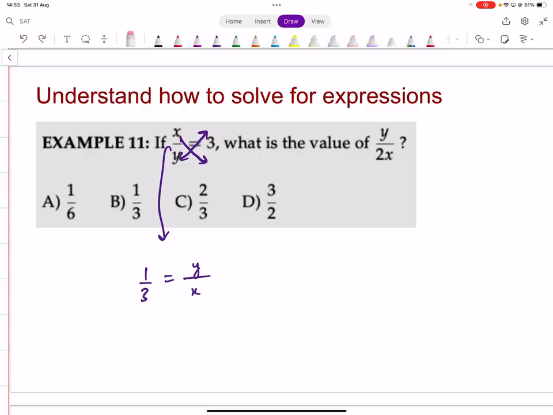Now we want to make it y over 2x. So in order to get 2 in the denominator, I can divide by 2 on both sides, right? So I can multiply the denominator by 2 essentially. So I get 2 here and 2 here, and that gives me y over 2x equal to 1 over 6.